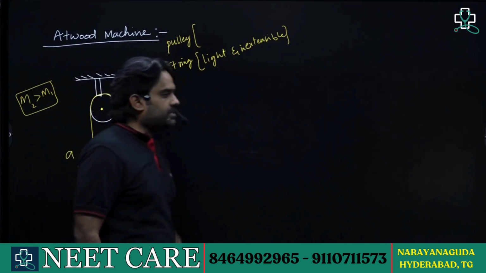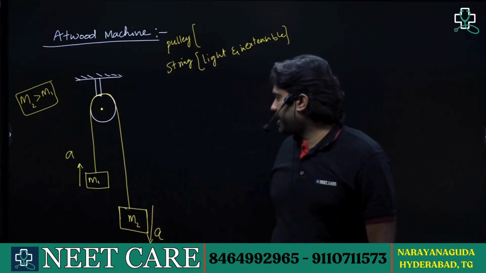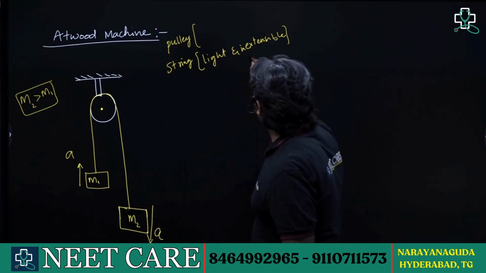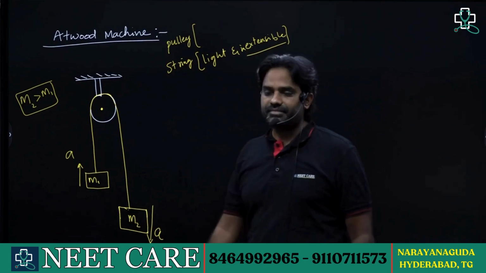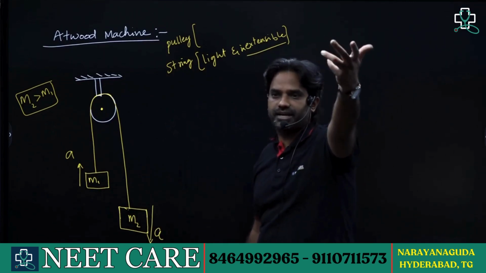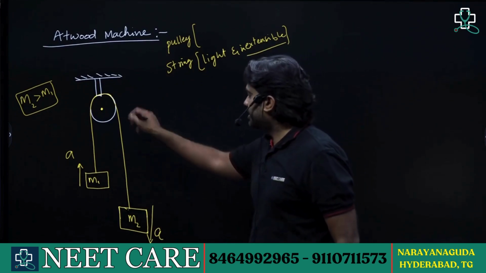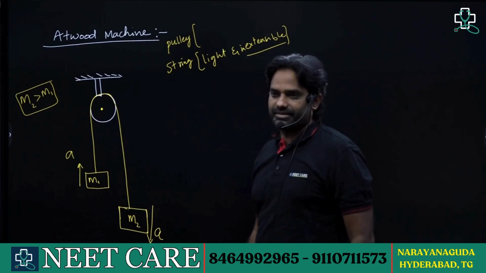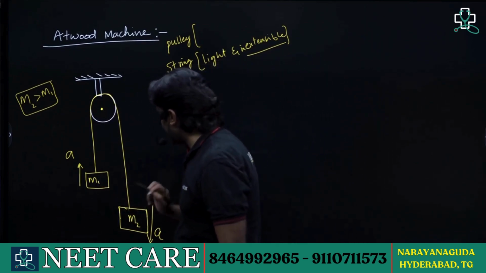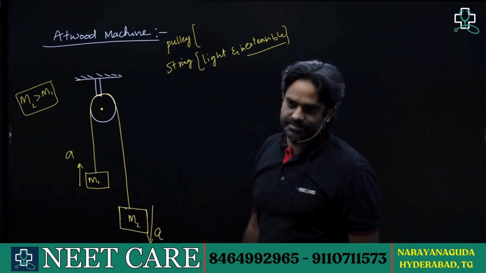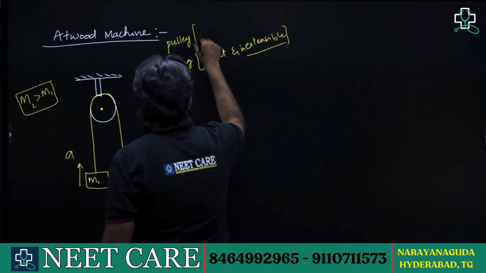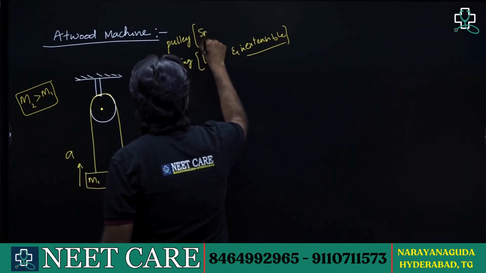In constraint equations we will see that A1 and A2 will have the same acceleration when the string is inextensible. It can't extend, so we can avoid Young's modulus and the related theory of wire. The theory related to the string can be neglected. Our focus is only to understand the nature of the pulley and the motion of the blocks. That's why this is the assumption, and the pulley will be smooth and light.